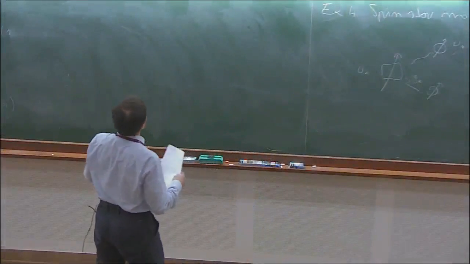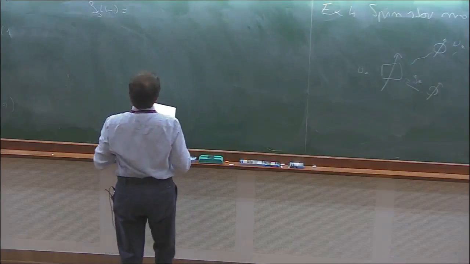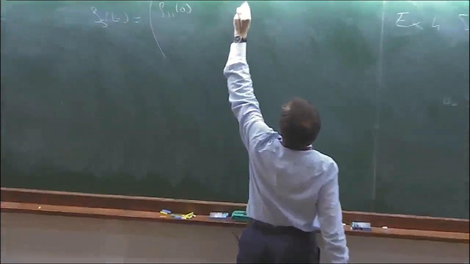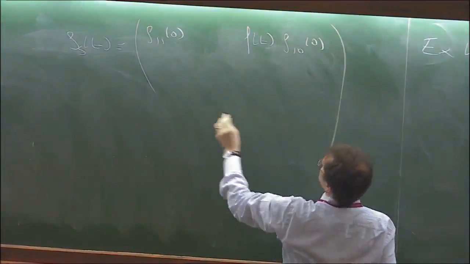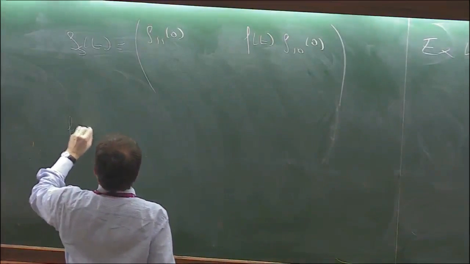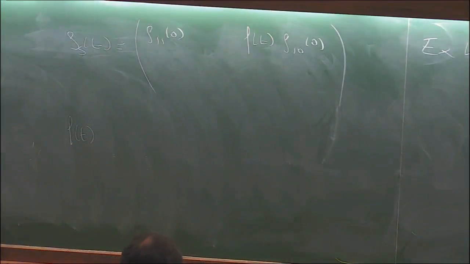Okay. So rho S of t. As I said, the only relevant point is that populations are not affected. The coherences are multiplied by a function f of t, and this function f of t is just the phase that I've written before.